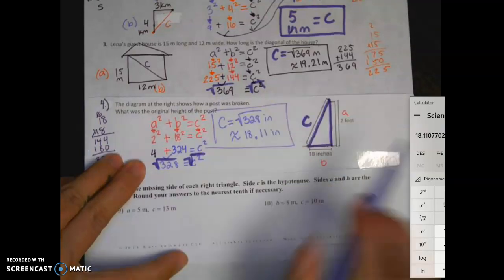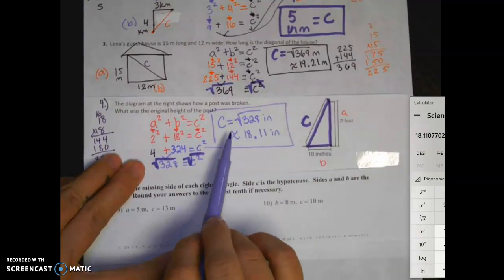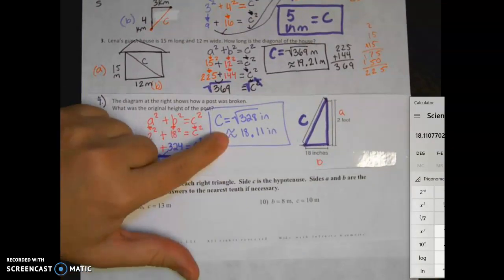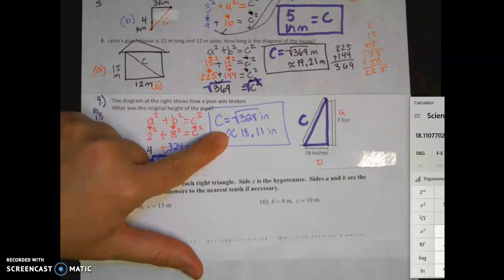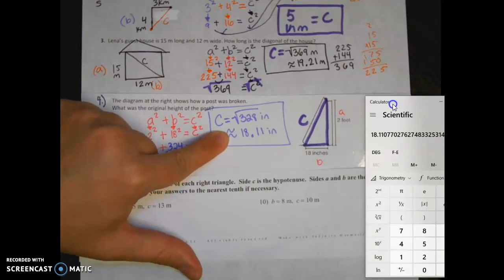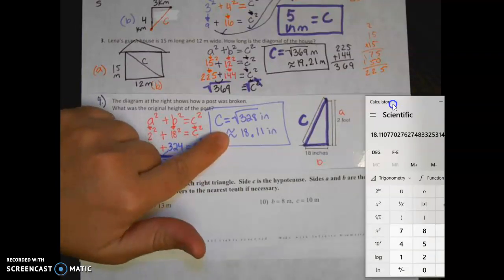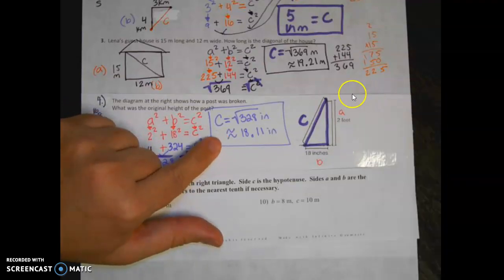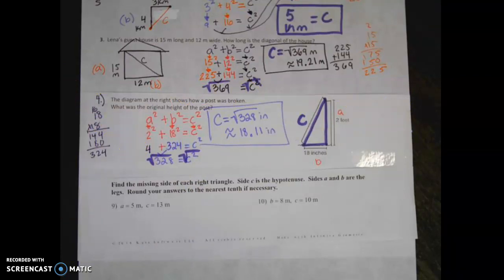Now, if you do not put the squiggles, that means that your answer will be wrong. The reason why is because it doesn't officially equal 18.11 inches. It equals 18.1107 and so on and so forth. So you need to make sure the squiggles are there. Let's move to the last 2 problems.